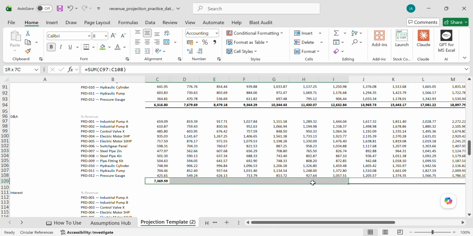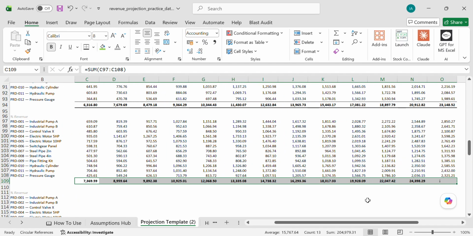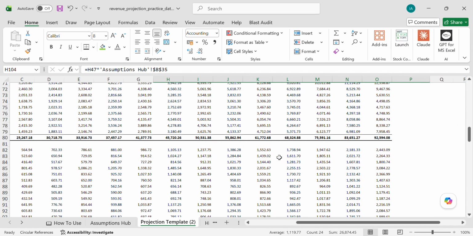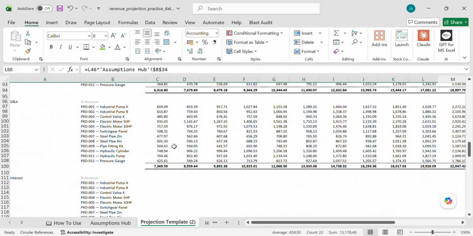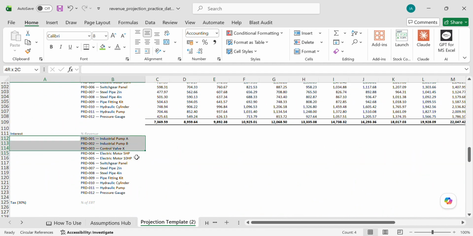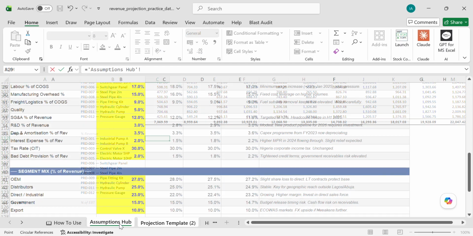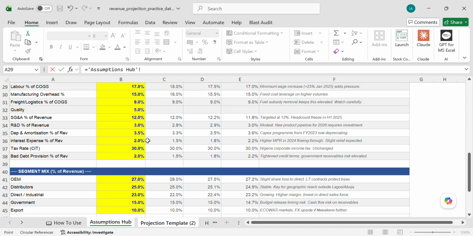Yeah, it stands for depreciation and amortization for all your CapEx items, right? So your rent, interest, we're doing 2% of revenue.